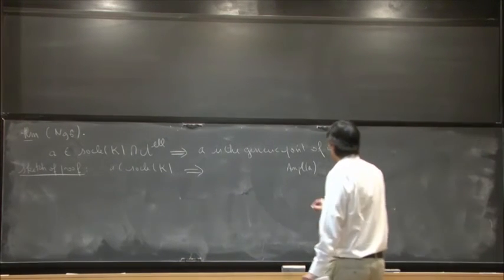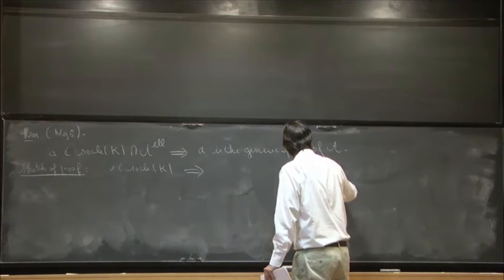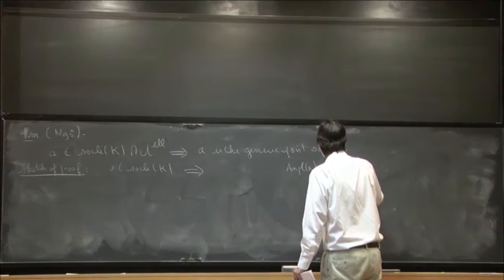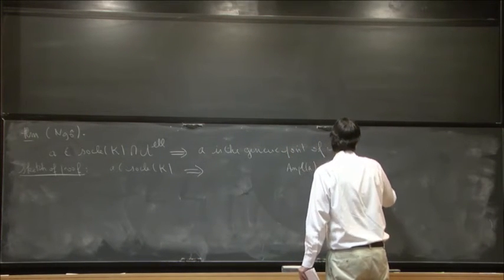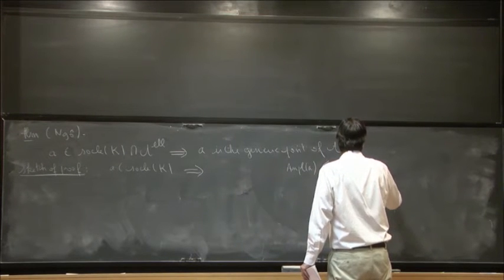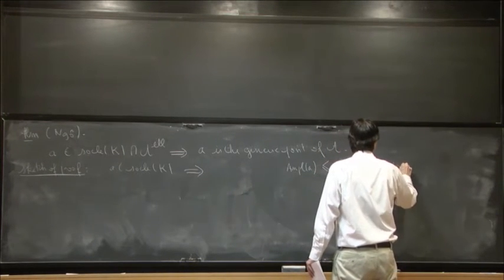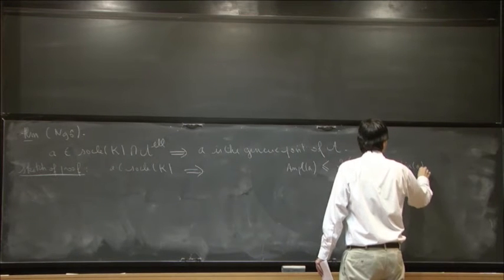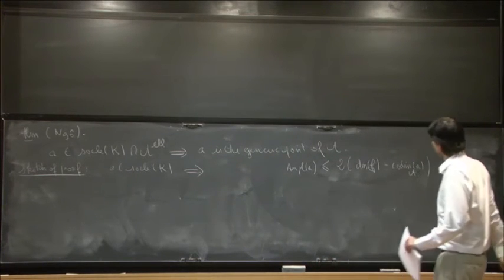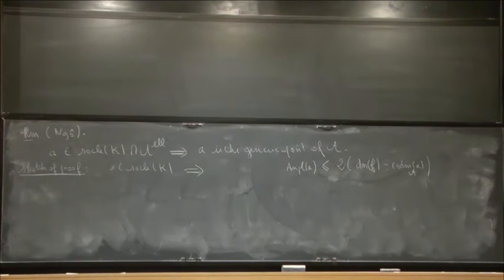First, we have an upper bound. This is less than 2 times the dimension of F minus the codimension of the support in A.